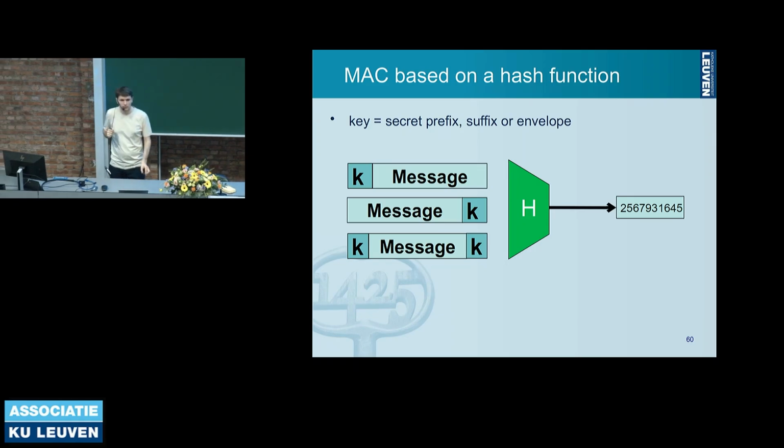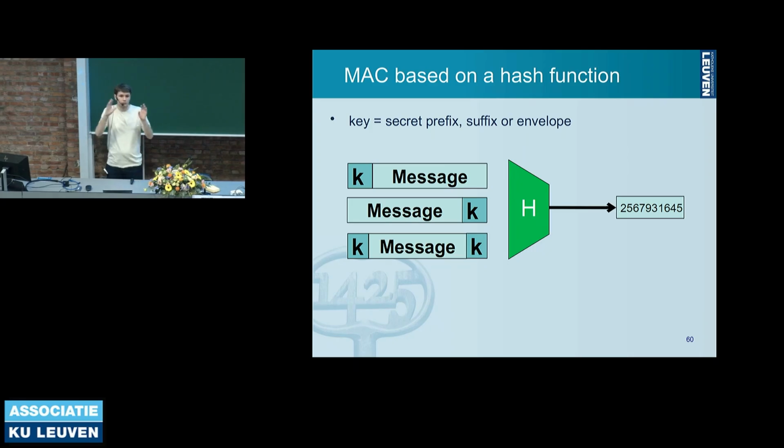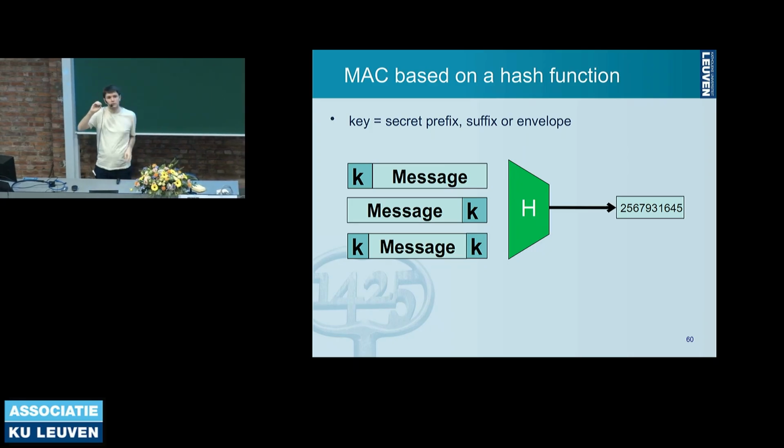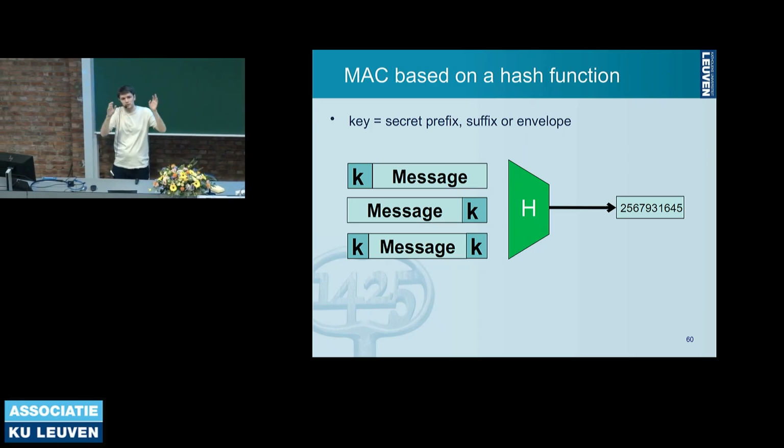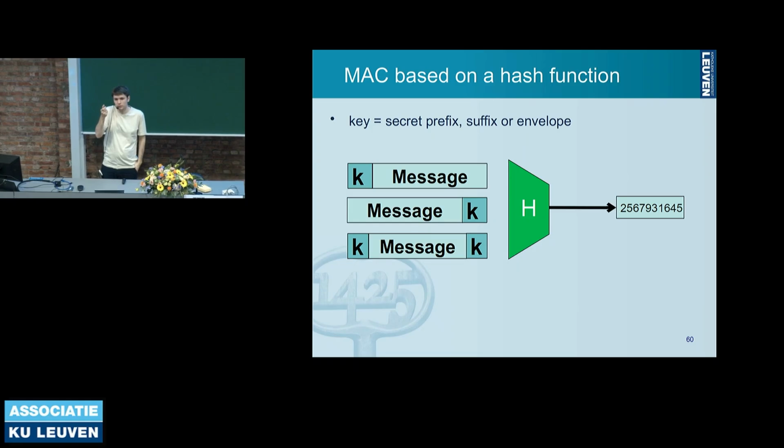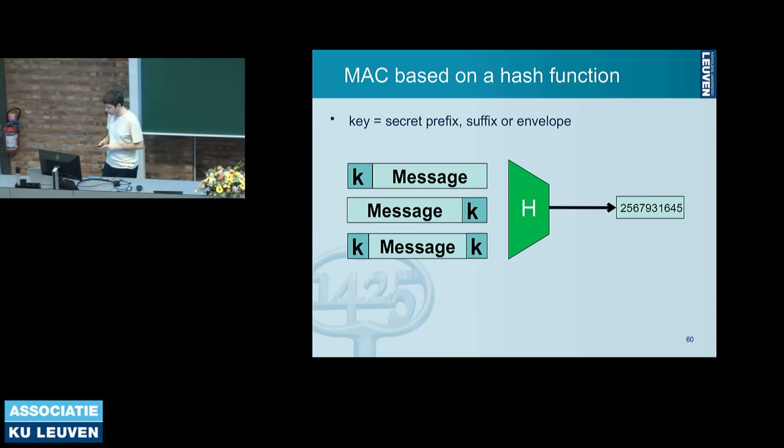If you remember, if we don't do anything special on the last block, and you know the hash and there is a secret key prepended, you can compute from the hash the next chaining value. So you could just append a block, and this would be a problem.